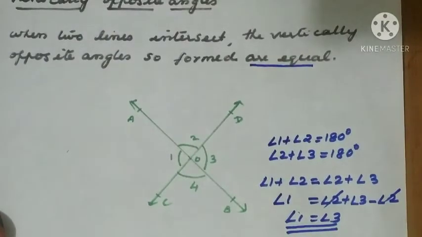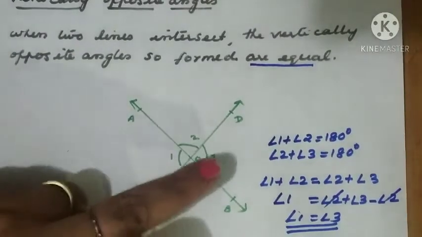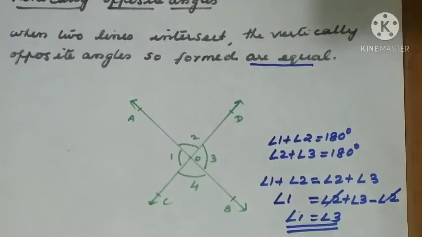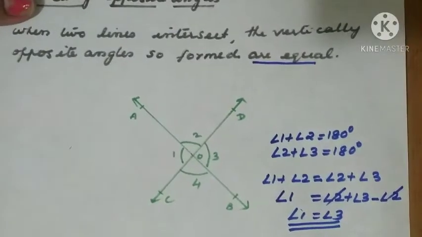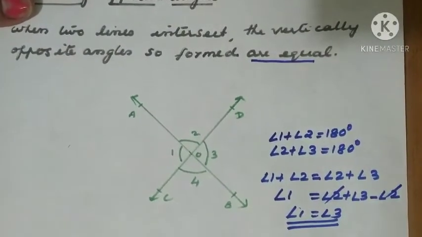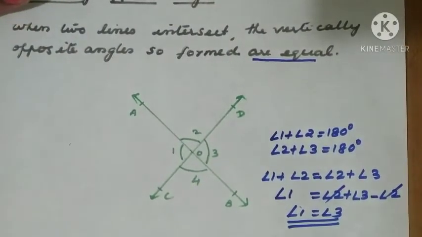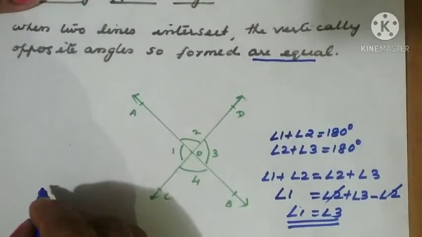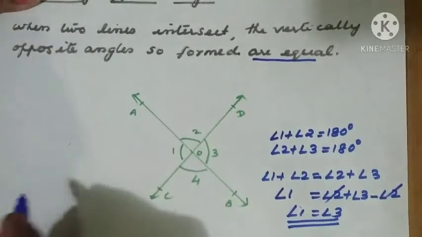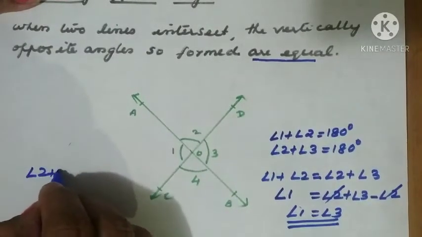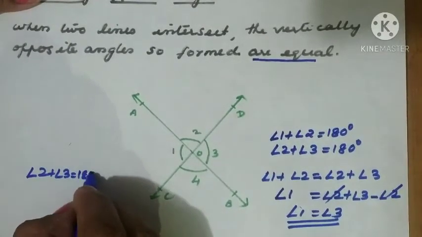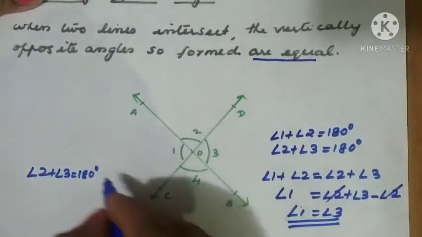Similarly, we can prove that angle 2 and angle 4 are also equal by keeping angle 3 as common. If you want, I will do those steps also. It is not required for your level, but for remembering how we get vertically opposite angles are equal, we can give this idea. Angles 2, 3, 4 I am taking. Angle 2 plus 3 is a linear pair, 180 degrees, right? Okay. What about 3 and 4?